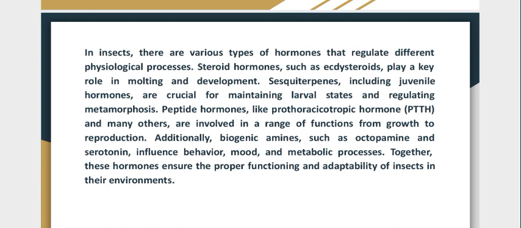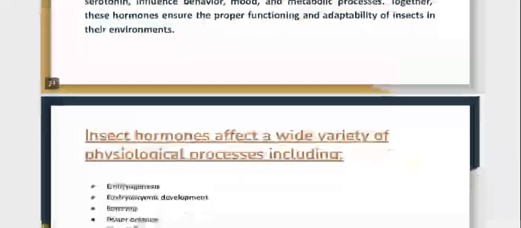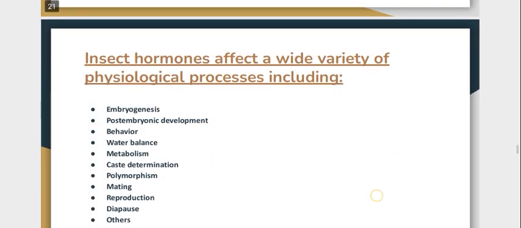Peptide hormones are there, like prothoracicotropic hormone or PTTH, and many others are involved in a range of functions from growth to reproduction. Additionally, biogenic amines are also there, such as octopamine and serotonin, which influence behavior, mood, and metabolic processes. Okay. Together, these hormones ensure the proper functioning and adaptability of insects in their environment.